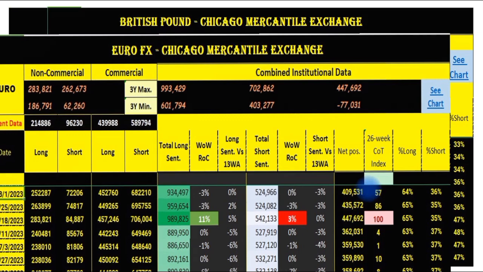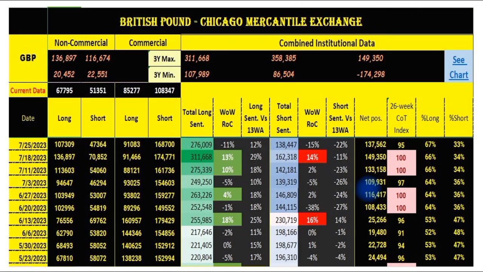So at that same point in time, for the British pound, we also saw an overbought reading. The 3-year reading also is showing that this was the highest they've ever been long. This was the highest long positions or long sentiment they've held in the last 3 years. And we also saw an overbought reading in the 26-week COT index.